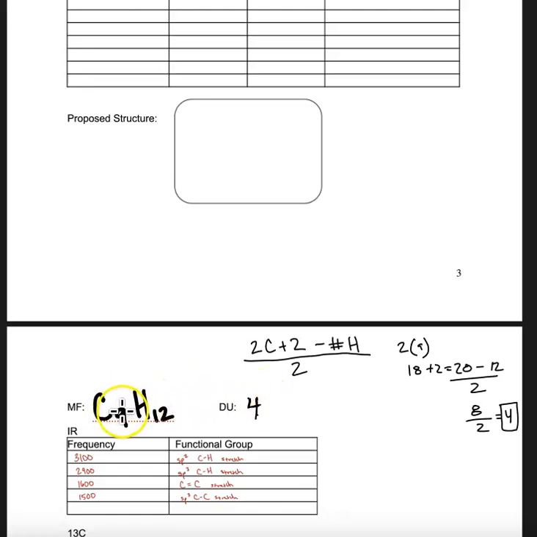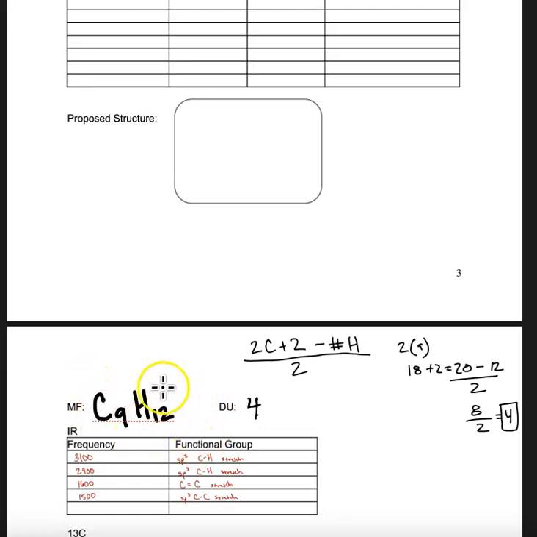The formula for degrees of unsaturation is 2 times your total amount of carbons plus 2 minus your number of hydrogens, divided by 2. And this works for our problem. But if you have nitrogens and halogens, then it's a little different.